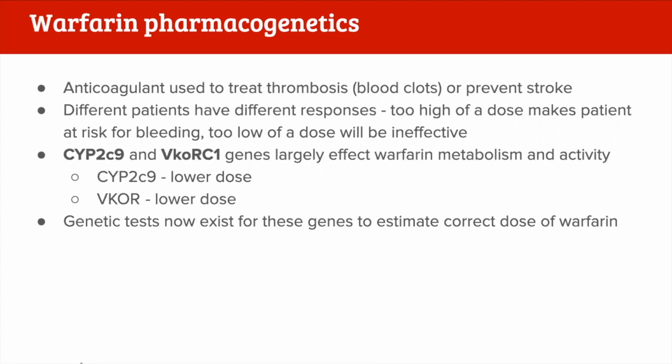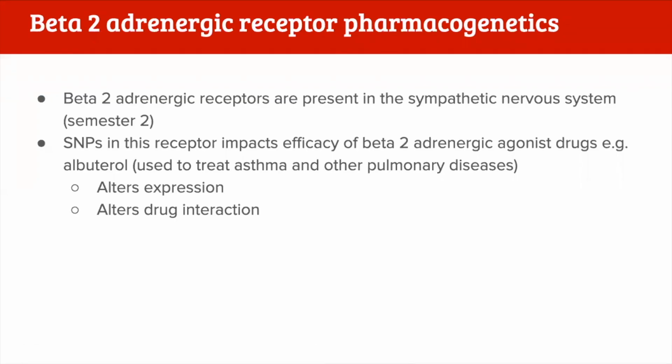Another example of how SNPs are important in pharmacogenetics is when you look at your beta-2 adrenergic receptors. These receptors are present in your sympathetic nervous system, which are your fight or flight responses. In terms of what the sympathetic nervous system does to your body, when it's activated, your airways will open up.